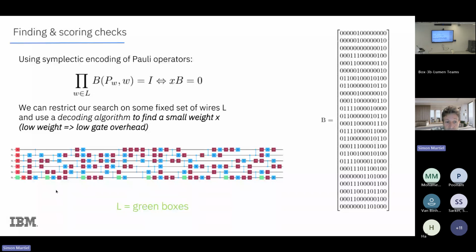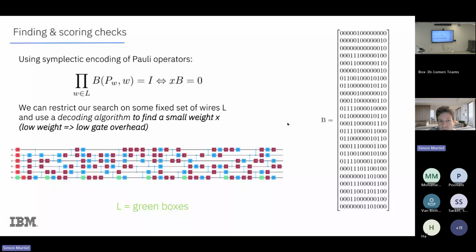And I can basically encode all those back propagated Paulis into a huge matrix that you can see on the right here. This is the actual matrix I can get out of my code by back propagating all the green boxes, basically.